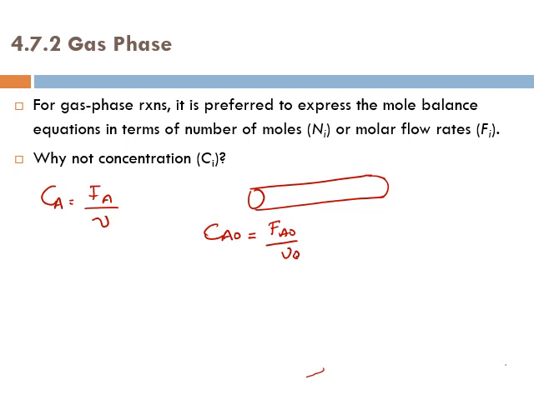Let's look at CA at the end. Here we said there is no reaction in this packed bed, so it will be FA over epsilon, and because there is no reaction, FA equals FA naught.